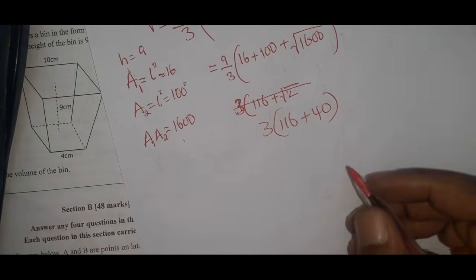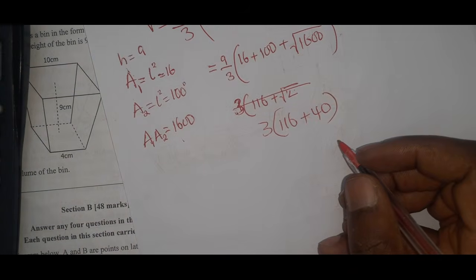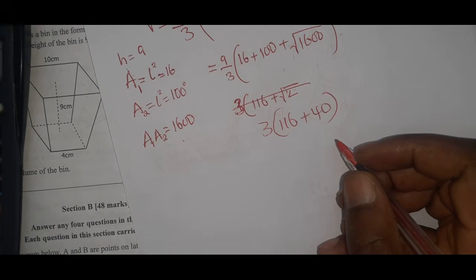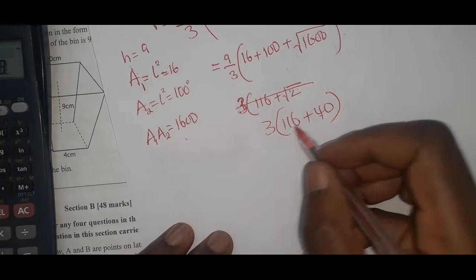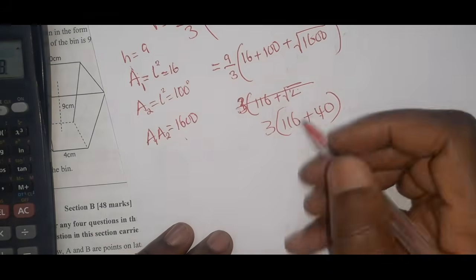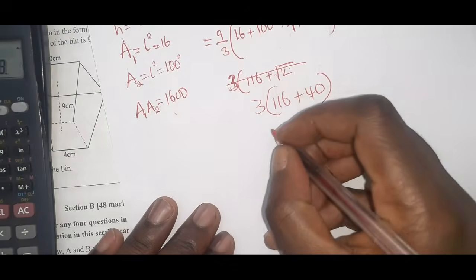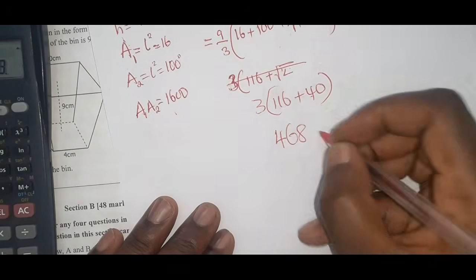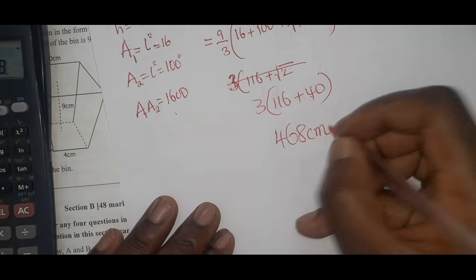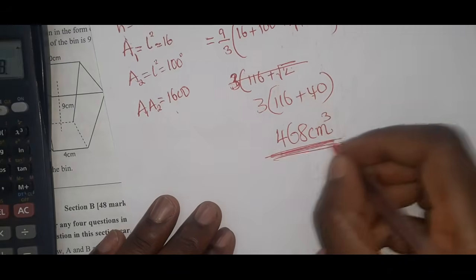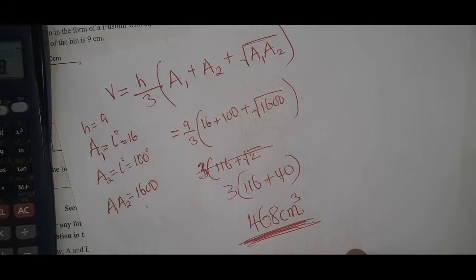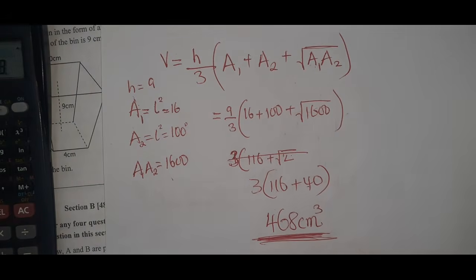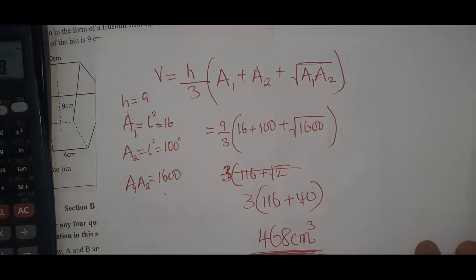Then you multiply this by 3. So you add these 2 here. When you add these 2 and multiply by 3, you're going to get 468 centimeters cubed. We're dealing with the volume. This is what is going to be your answer here.